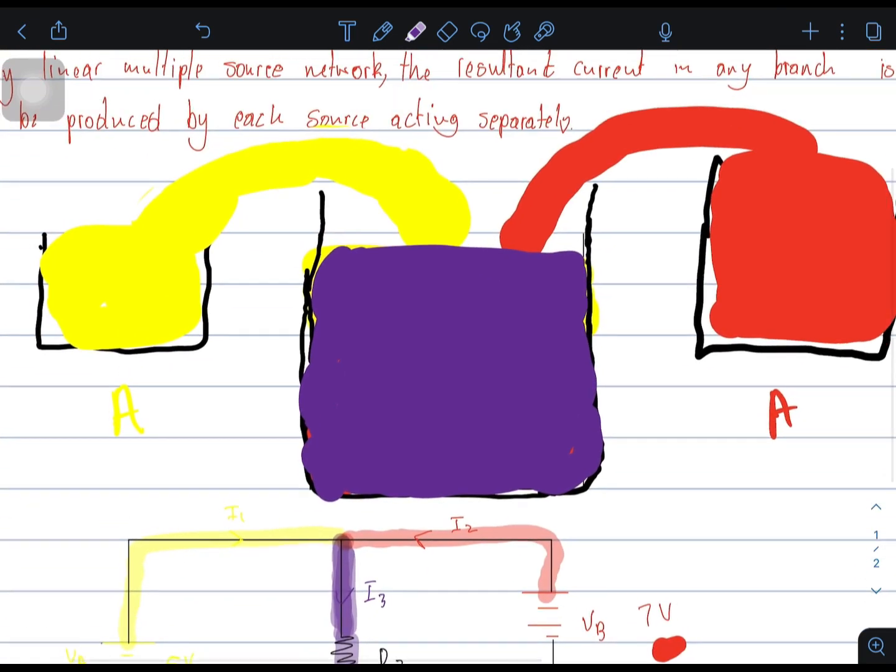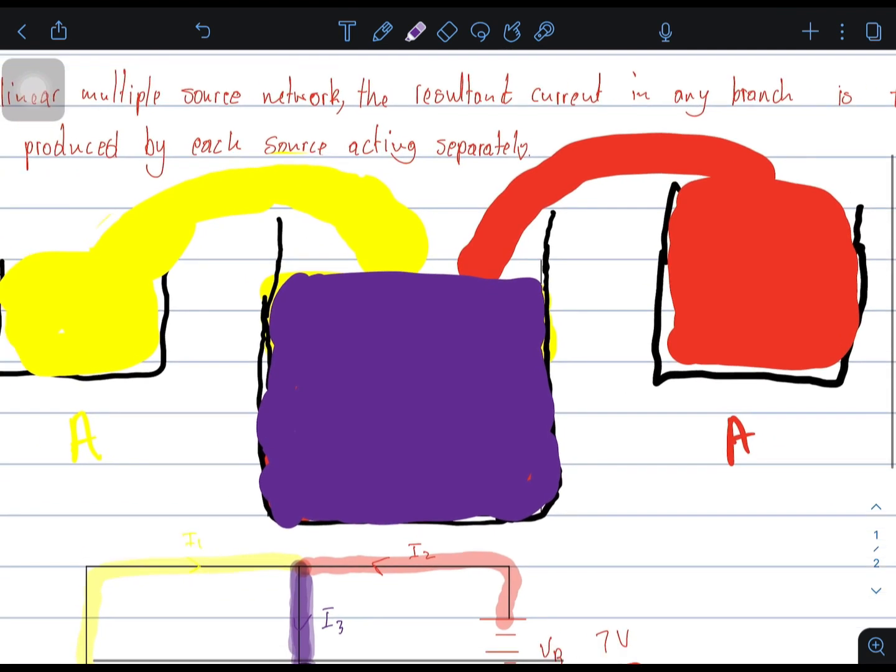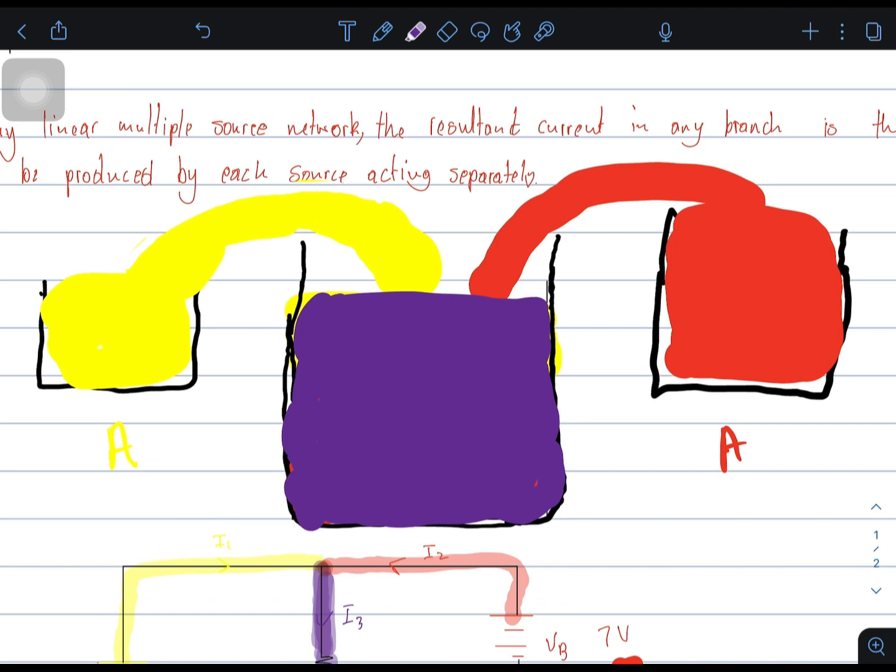Suppose here is a hypothetical case. Let's say you see this tank. This is tank A, the yellow one. The red one is tank B. Both these two tanks have a certain level of water.